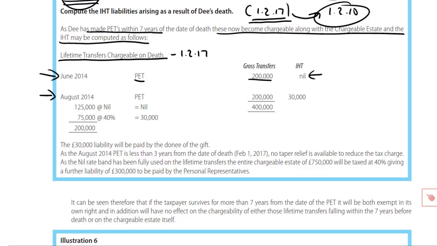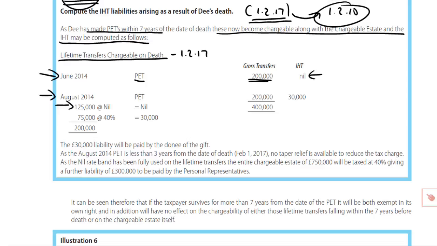On to August 14. Remember that expression? It is a cumulative donor-based tax. So we've already used up £200,000 of our available 325 nil rate band, meaning that only £125,000 of nil rate band is available to go against this transfer.